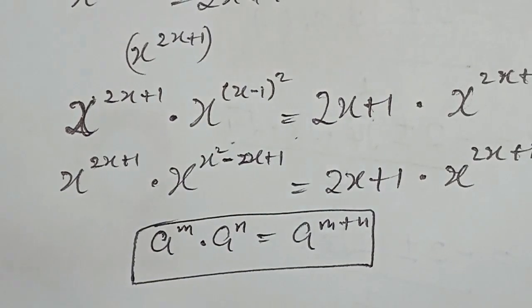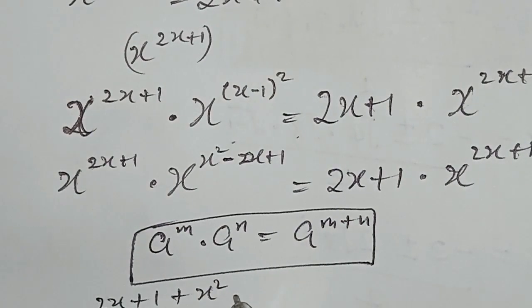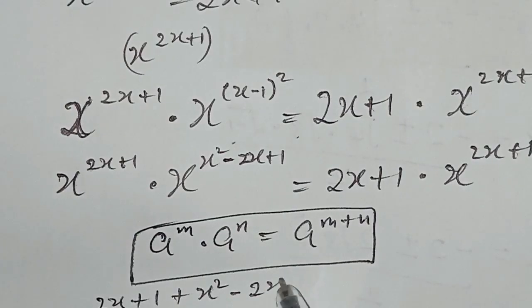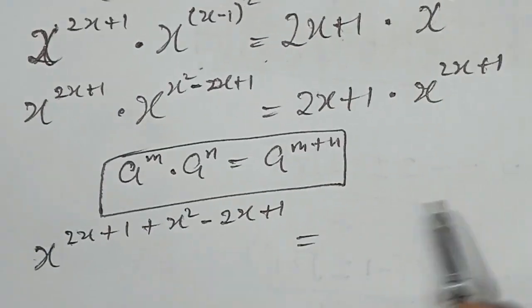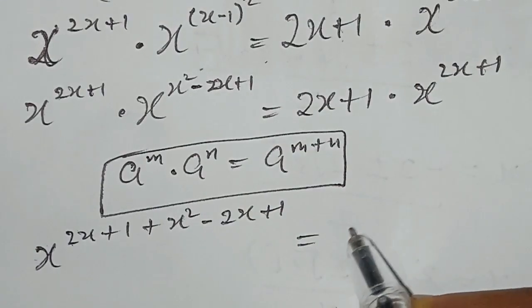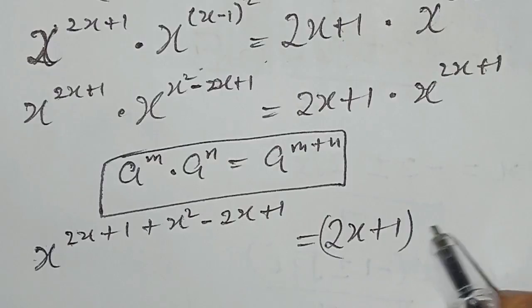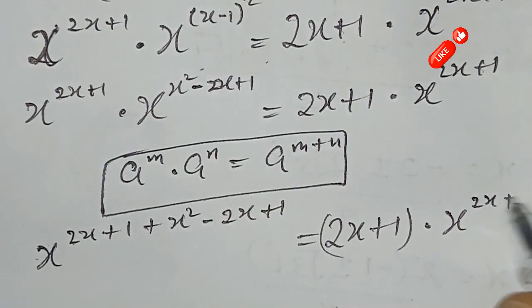Then we now have x to the power of 2x plus 1 plus x squared minus 2x plus 1. That will be equal to what we have at the right hand side, 2x plus 1, let's put that in the bracket, multiplied by x to the power of 2x plus 1.